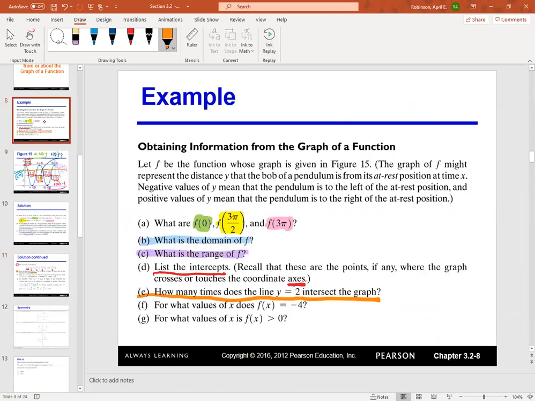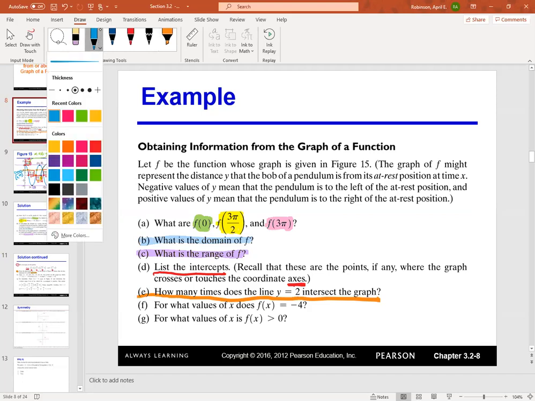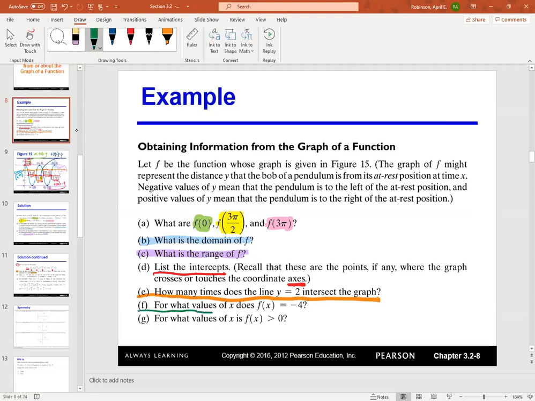F, for what values of x does f of x equal -4? Let's pick another color. How about dark green? Okay, so F, for what values of x does f of x equal -4?